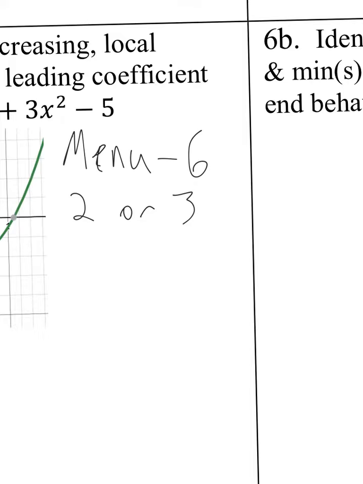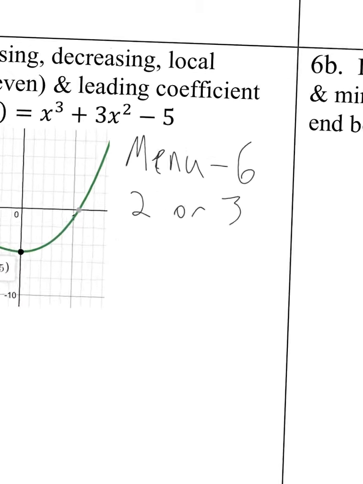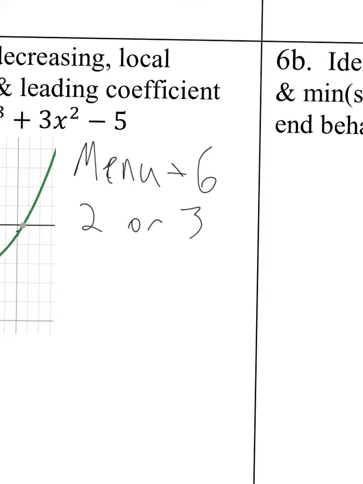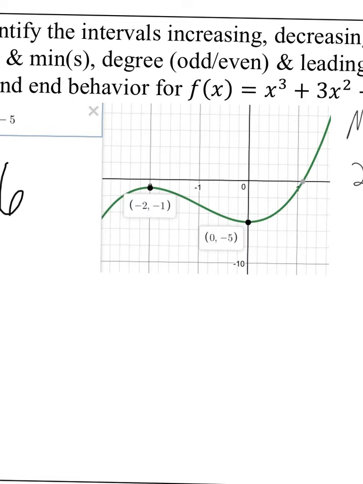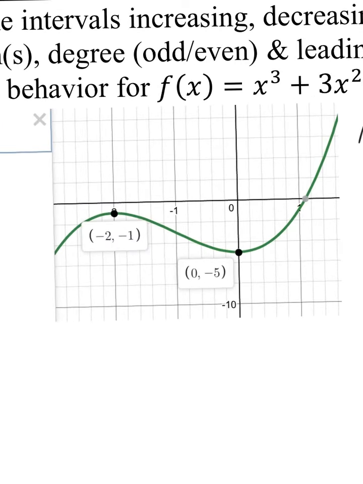But yeah, that's something to write down on the note card. Menu, then 6, then 2 or 3. Okay, so right here, this is my local max. I'll just put L max. This is my local min. I'll put L min.